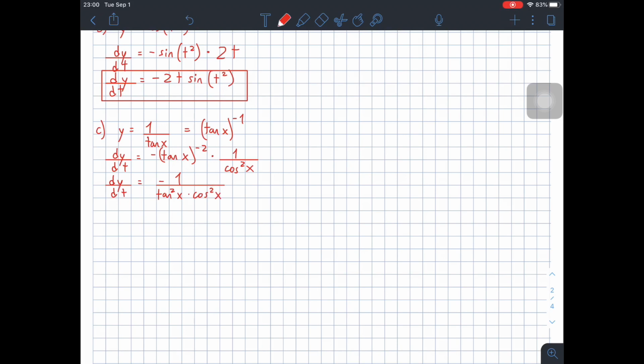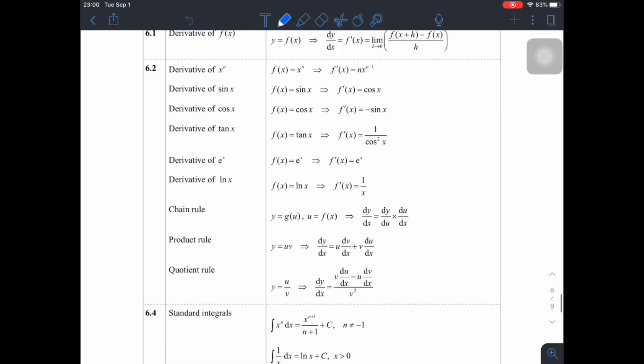Okay? And if you remember from the trigonometry lessons we had last year, if you remember SOHCAHTOA, tangent of x is the same as saying sine of x over cosine of x. I believe that is in the formula booklet as well. Let me see.